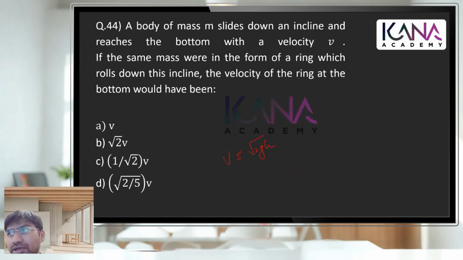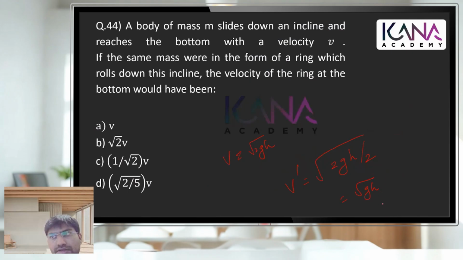We have to incorporate that factor into the account. So when we do that, rolling v dash could be root 2gh by 2, so it will be root gh.